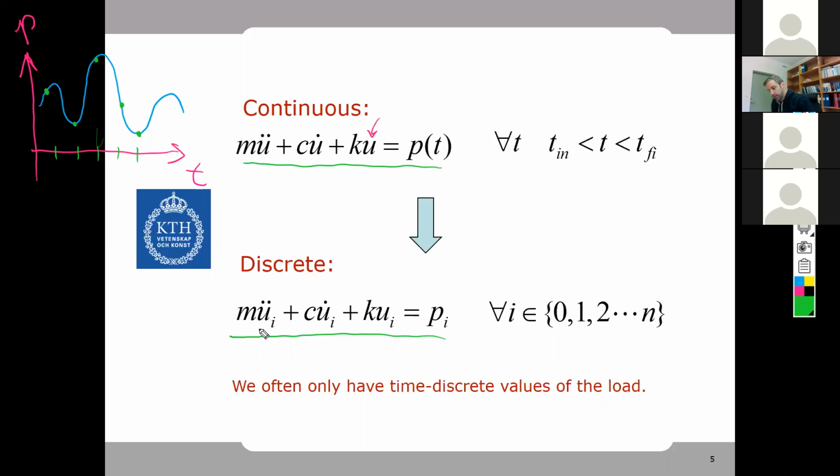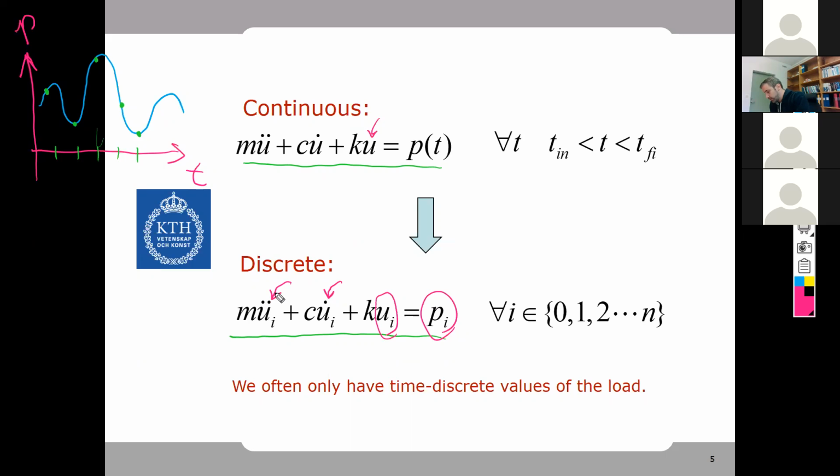So in this equation, the u has been discretized, the p has been discretized, and because u is discrete, it's only a number of points, then obviously automatically the speed is also discrete and the acceleration is also discrete. It's no longer a continuous value with infinite variables through time. It is, let's say, a list of points.